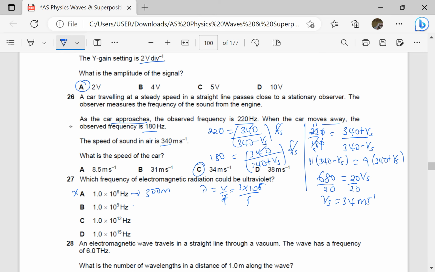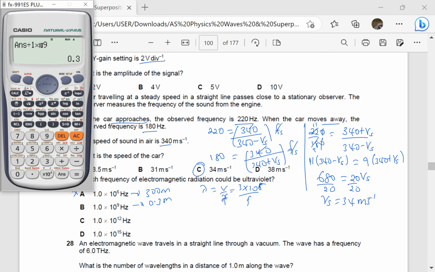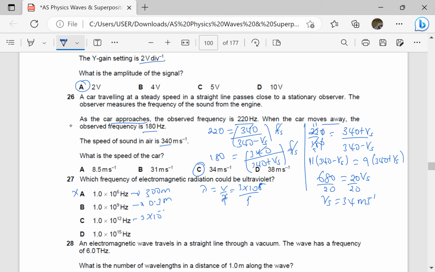That is not it either, this is 0.3, which is still radio waves. The next one is 3 exponent 8 divided by 1 exponent 12. That is 3 times 10 power negative 4 meters. It is still on the left hand side of the visible spectrum.